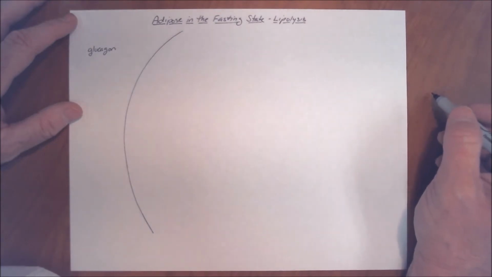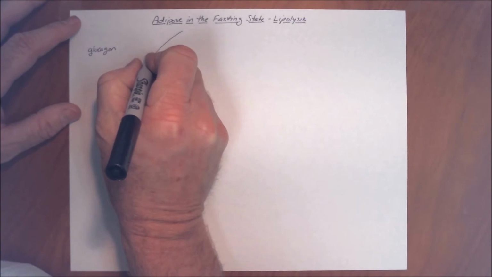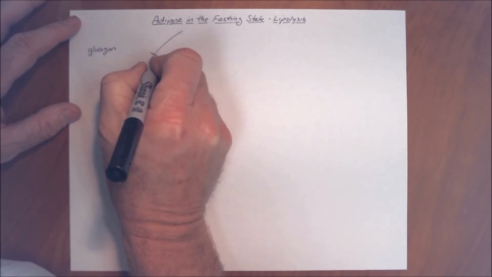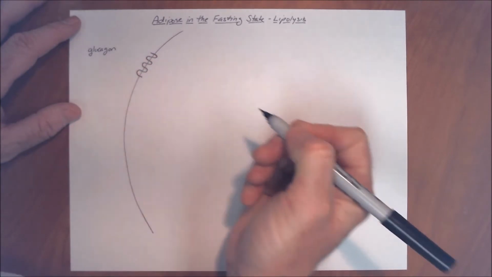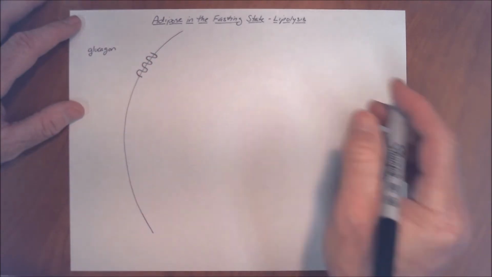So therefore, adipose is going to have a glucagon receptor, which is, again, the 1, 2, 3, 4, 5, 6, 7 transmembrane receptor.